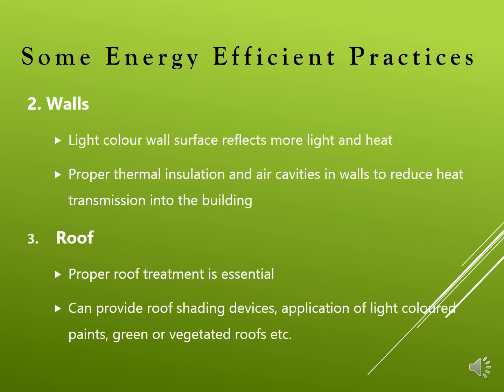Second is walls. Light colored surface walls reflect more light and heat. Proper thermal insulation and air cavities in the wall reduce heat transmission into the buildings. Third is roof. Proper roof treatment is essential.